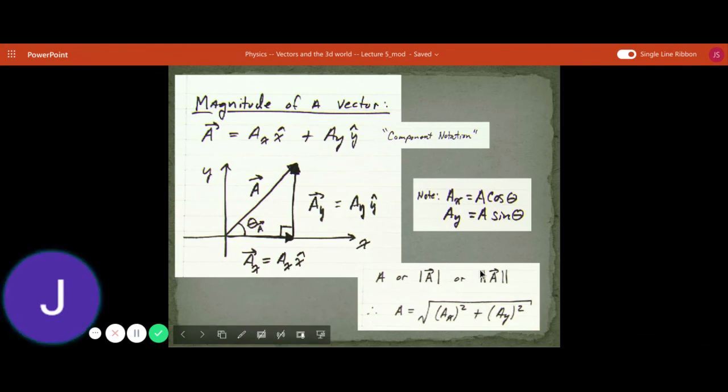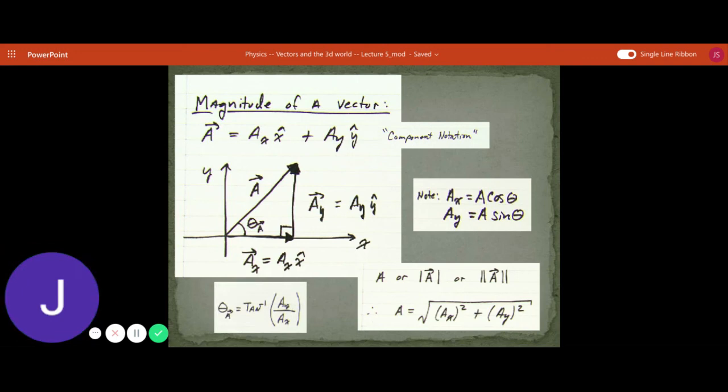But here's the notation for the magnitude, just the vector A with no arrow, or with the absolute values around it if it has the arrow, or you could use a double absolute value. You do this in pre-calculus. And then the angle, the inverse tangent. All right, I think this is a good place to stop, and we'll talk more about this later.